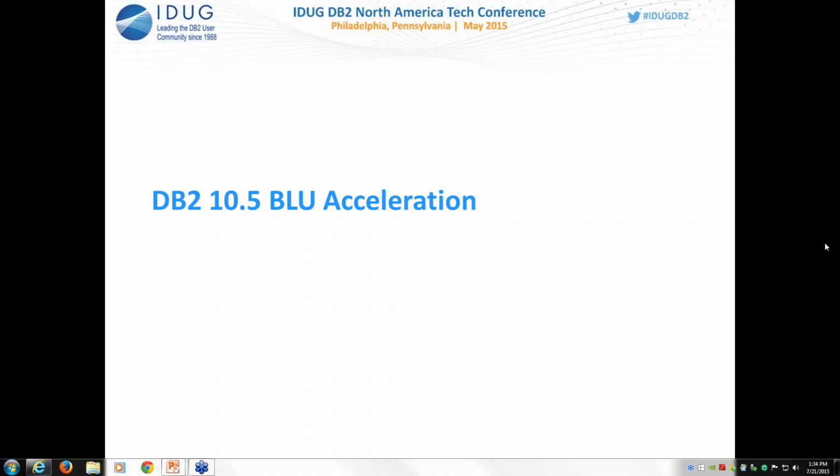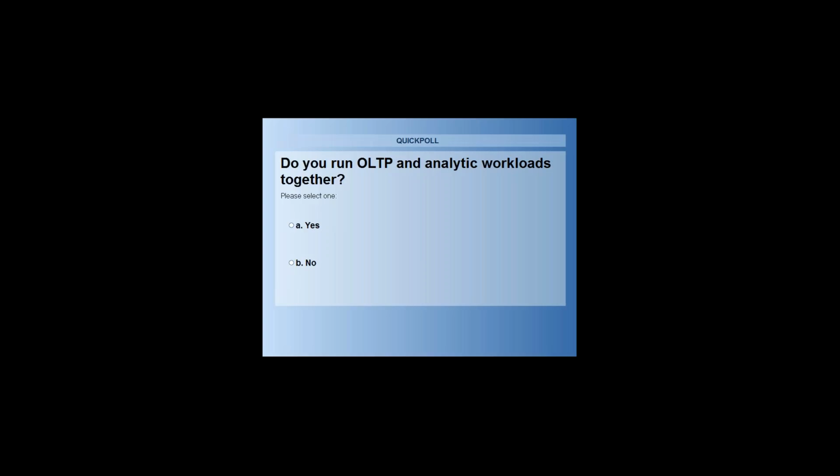I'm going to launch it. Do you run OLTP and analytics workloads on the same platforms together? And be interested in the answers. So the corollary to this that I should have added was, if you do run both together, is this something that you've started doing in the past year or two, or is this something that you've done historically?